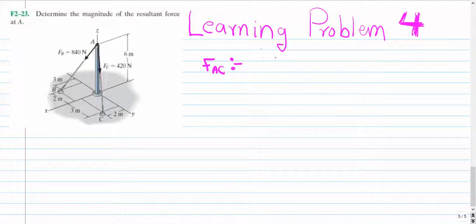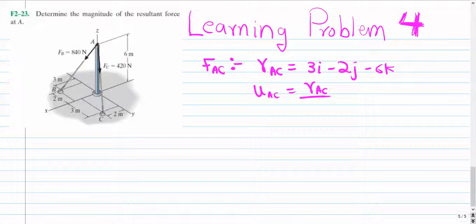So let's get started. So the position vector or length vector from A to C is going to be, in the x direction, the length is 3 meters. So 3i. In the y direction, the length is negative 2j, and in the z direction, the length is negative 6k. Now that we have our position or length vector, we can find the unit vector by dividing the length vector by its magnitude.